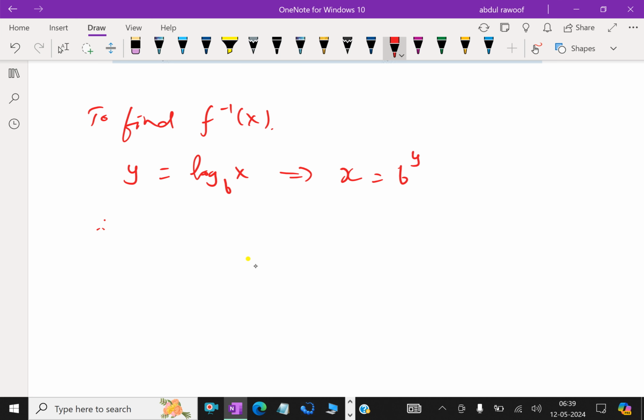Therefore you can say if f of x equal to b power x, then f inverse of x is log x base b.